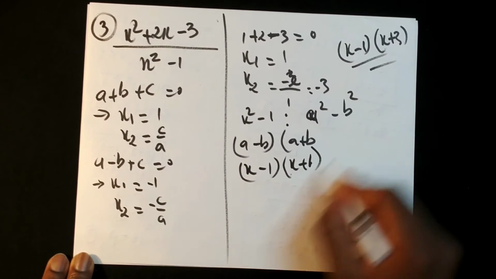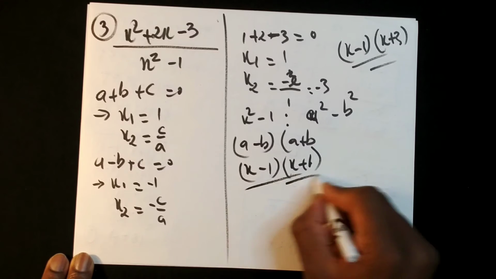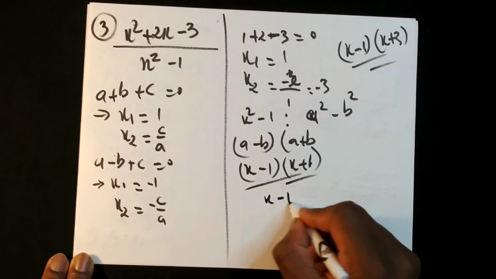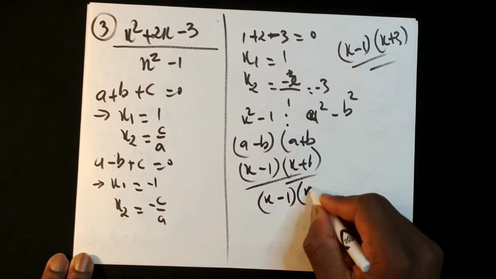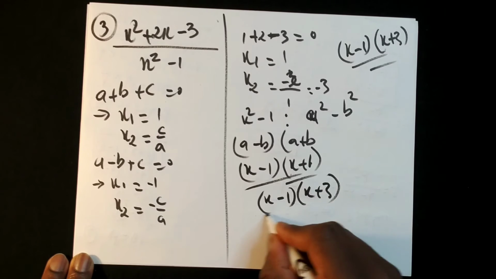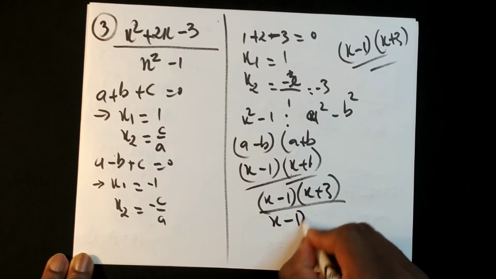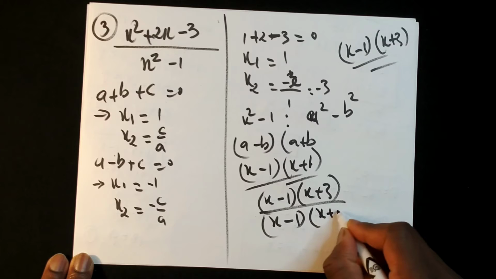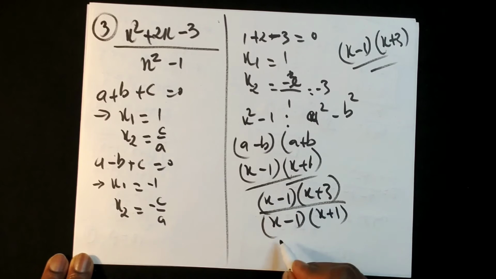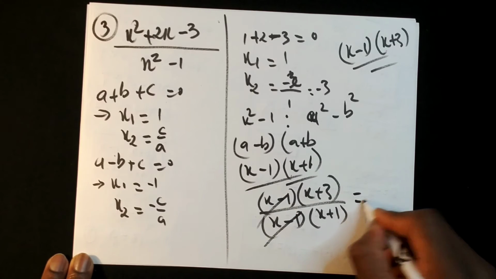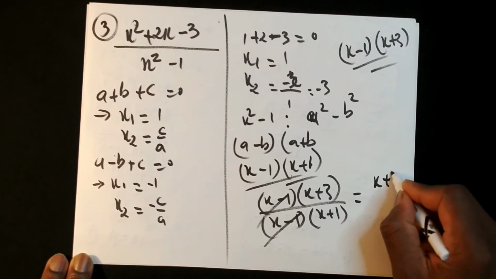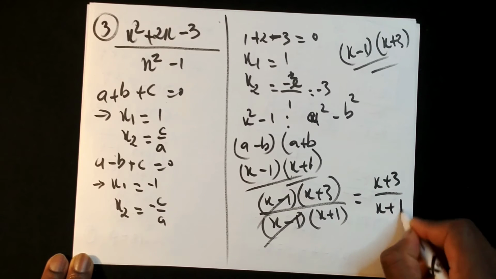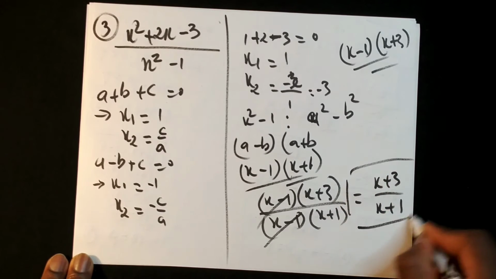So the whole thing comes up to (x minus 1)(x plus 3) over (x minus 1)(x plus 1). So the (x minus 1) terms both disappear, and we have (x plus 3) over (x plus 1). That's our final answer.